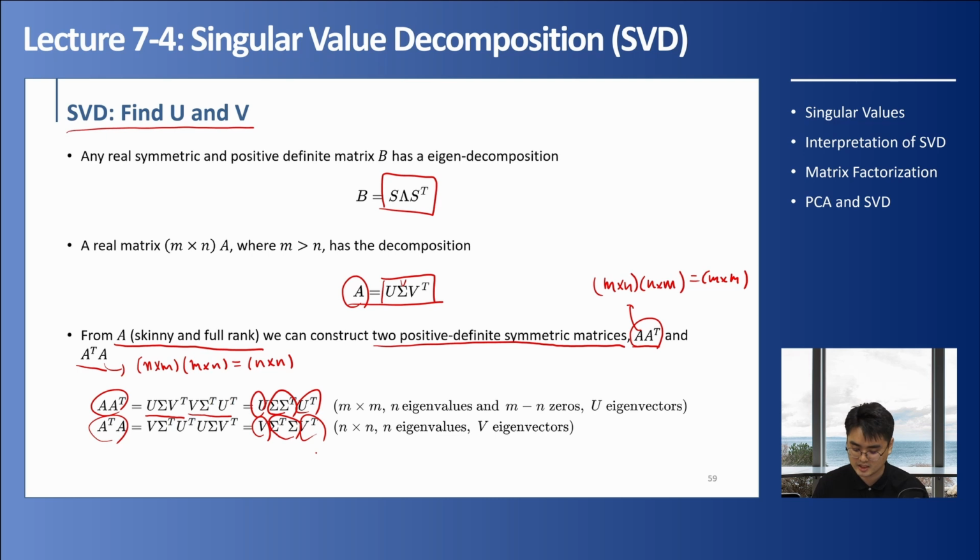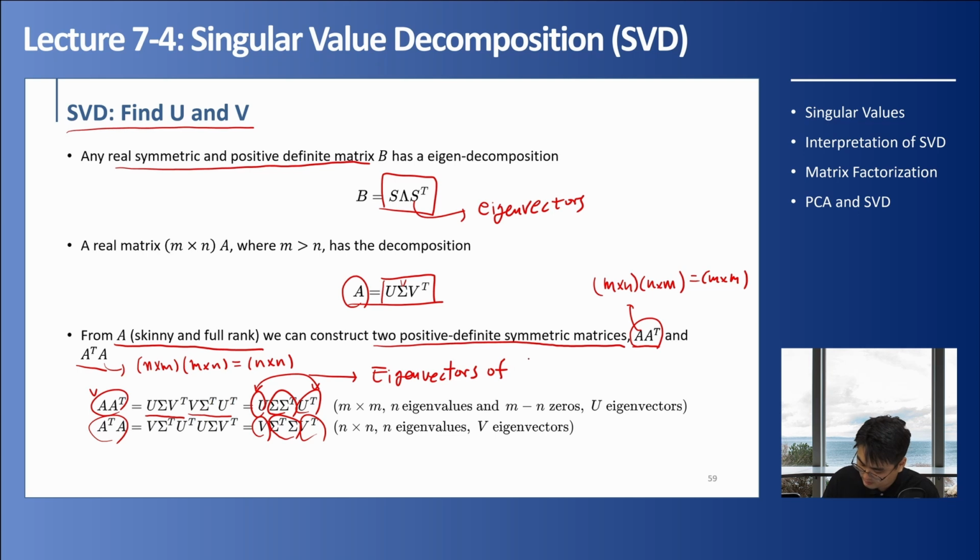So what you can see here is when we're doing eigendecomposition, when we have a real symmetric and positive definite matrix, then this S was a matrix that contains our eigenvectors. Therefore, if we do eigendecomposition of A A transpose, U will be our eigenvectors of A A transpose. Similarly, V and V transpose, these will be eigenvectors of A transpose A.